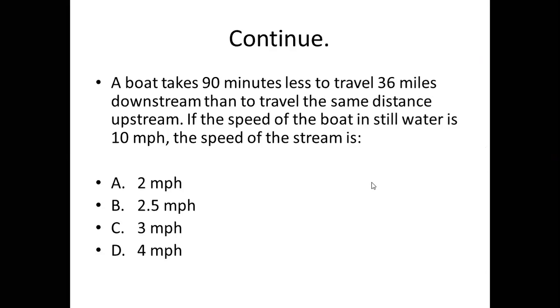If the speed of the boat in still water is 10 mph, then the speed of the stream is... We have to find the speed of the stream.